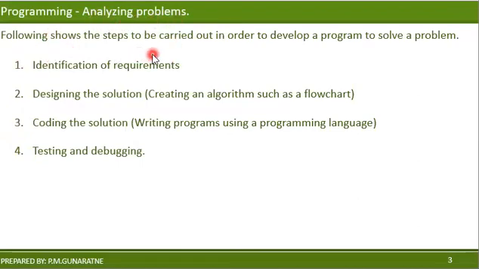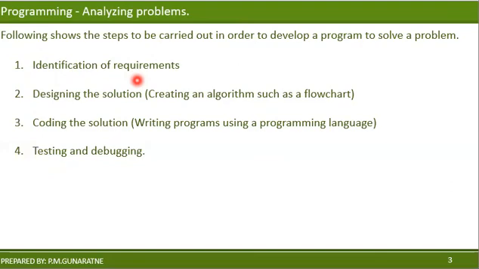Following shows the steps to be carried out in order to develop a program to solve a problem. The analyzing process depends on these 4 steps, right? When we come across a problem, first we have to identify the requirements. That means, why should we develop software?